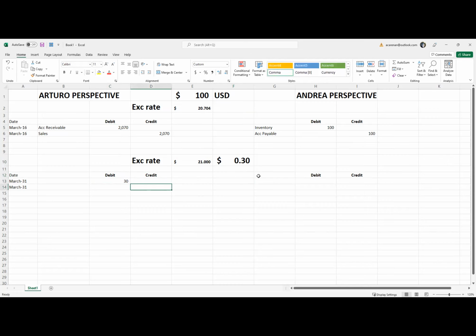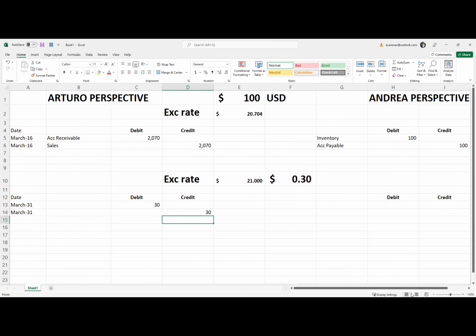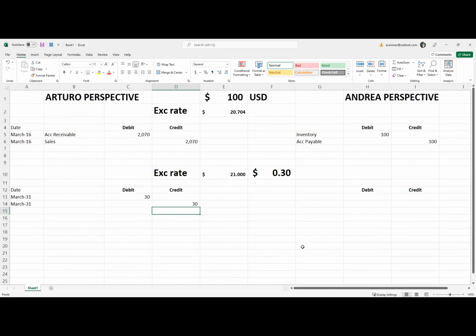Do you agree? Oh, let me make it bigger. Until here, we're good, guys. Tell me the accounts. I don't know how, but Arturo managed to win 30 pesos.